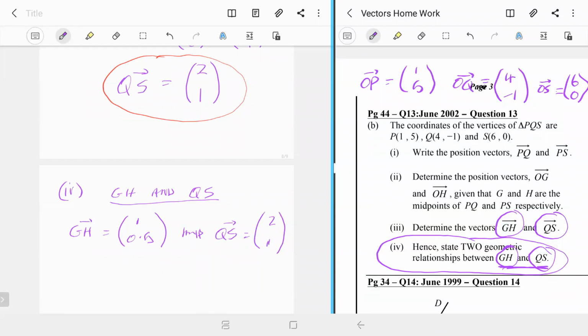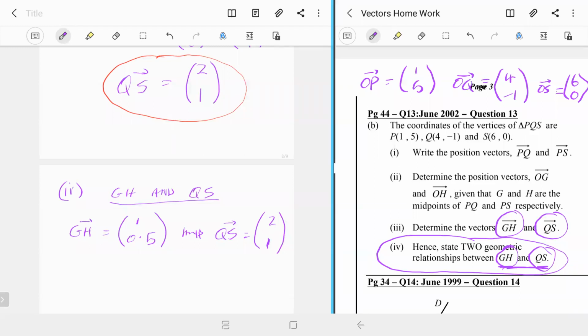What are the steps to show that they are parallel? Tell me, what are the 3 steps? What's the first step? You take out the fractions. Get rid of any fractions. That's the first thing you do.